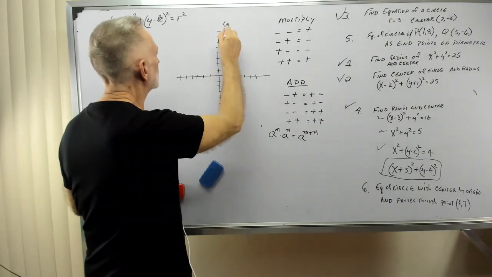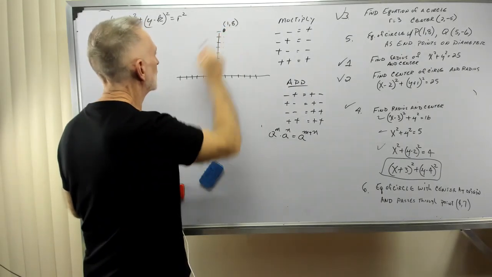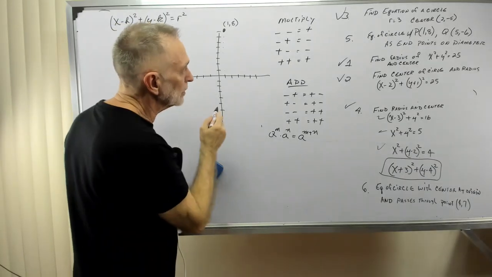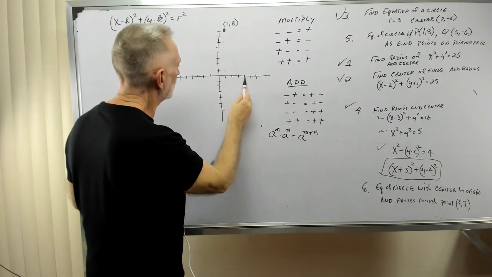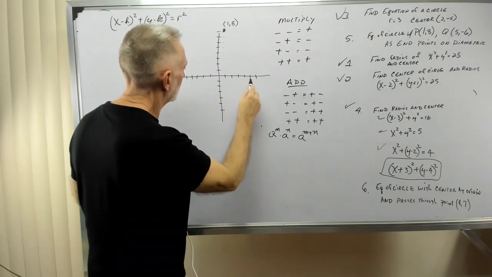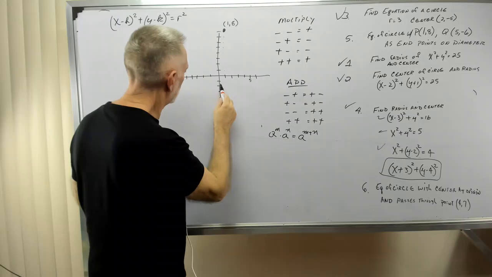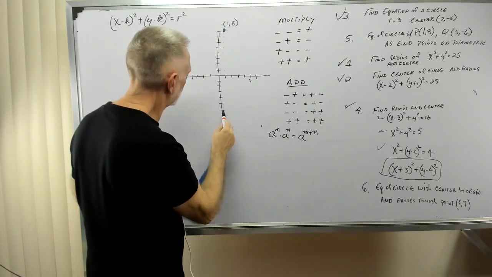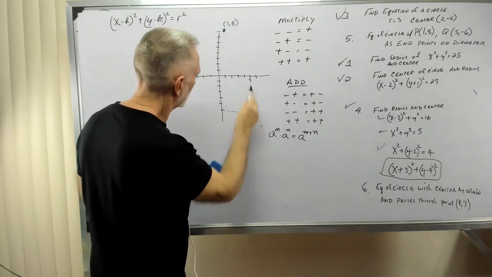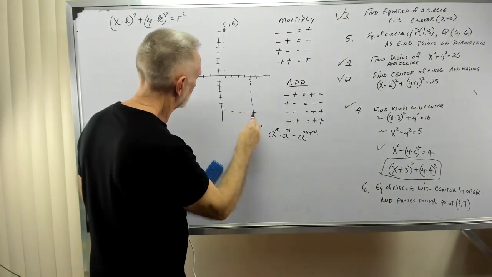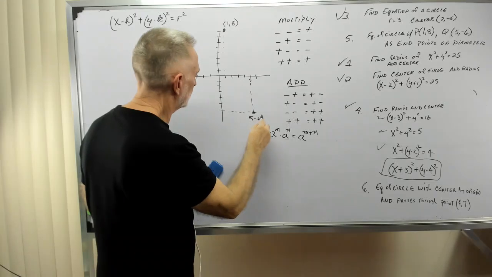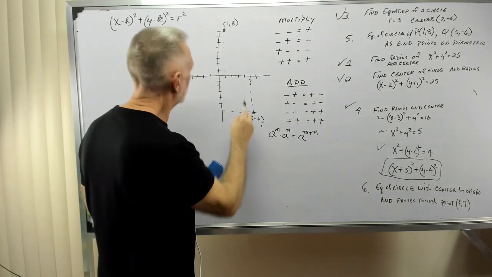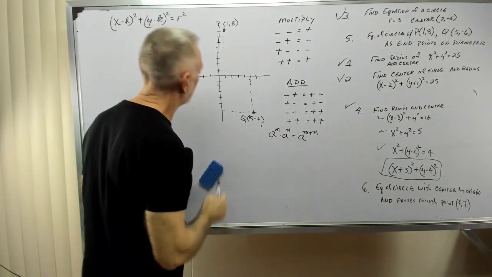All right, so that is the point 1, 8. Then the next one is 5, negative 6. 1, 2, 3, 4, 5, and down 1, 2, 3, 4, 5, 6, so this is negative. And that's the point 5, negative 6. So this was our Q, this was our P.